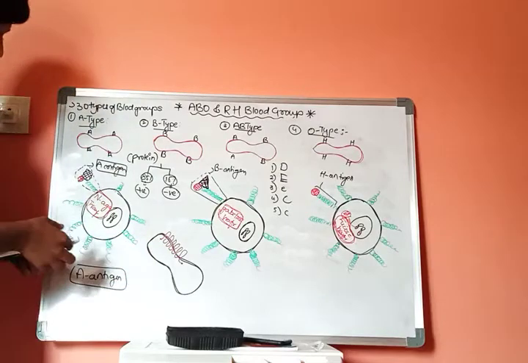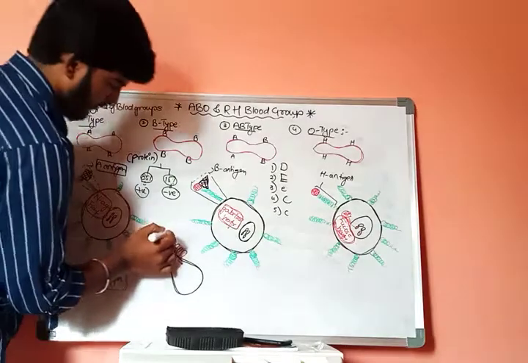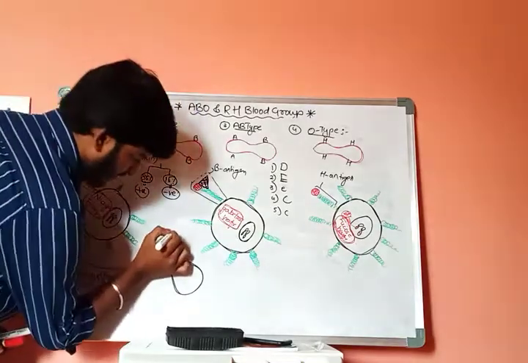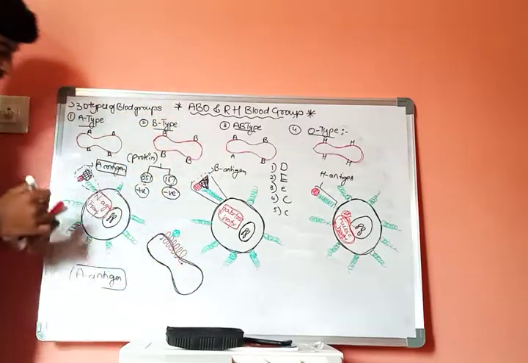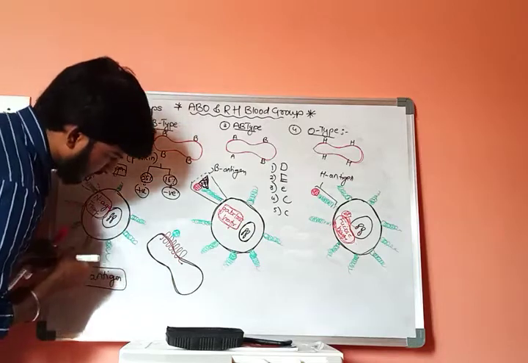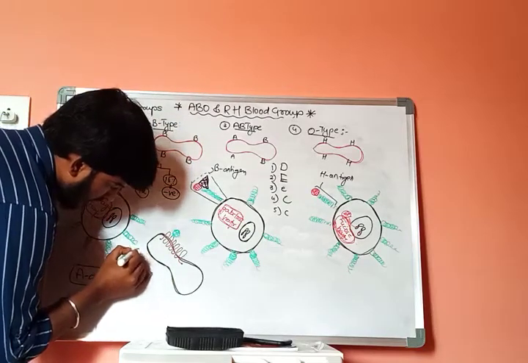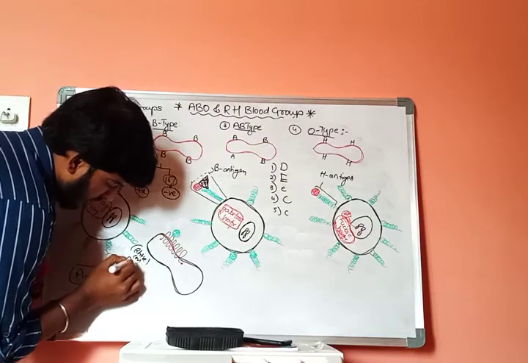Whenever the D type of antigen is attached to the surface of the RBC, it is Rh positive, also called D positive.